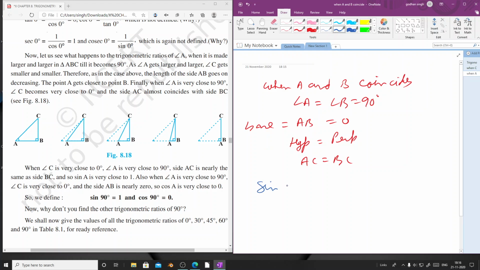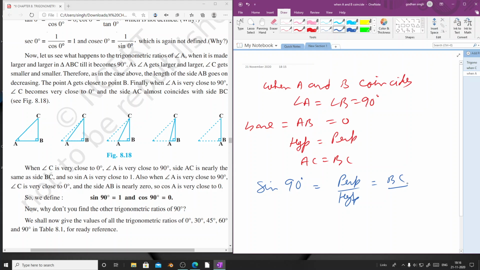So let us find the value of sine 90 degree, because we are considering angle A in this case. Sine theta is defined as perpendicular by hypotenuse, perpendicular over hypotenuse. What is the perpendicular? BC.